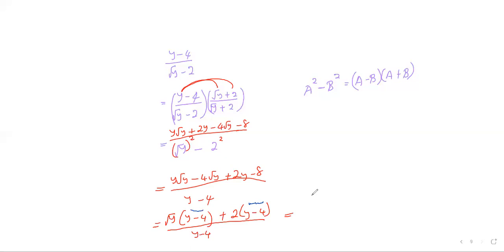You take only one. y minus 4 into what remains outside here, the root of y, and remains here 2, all divided by y minus 4, and this will cancel out.